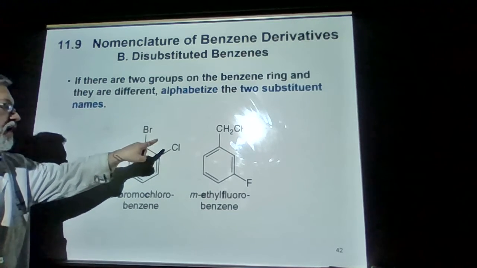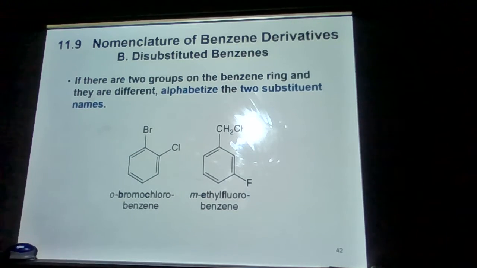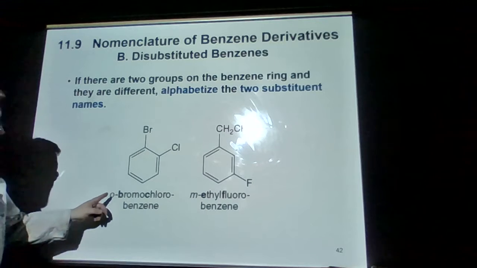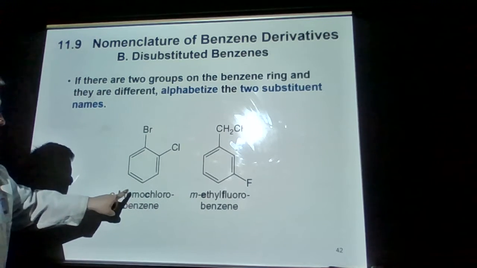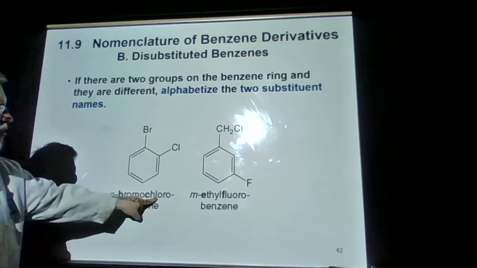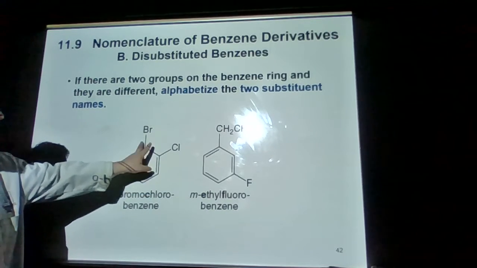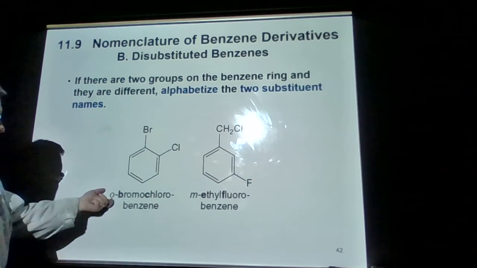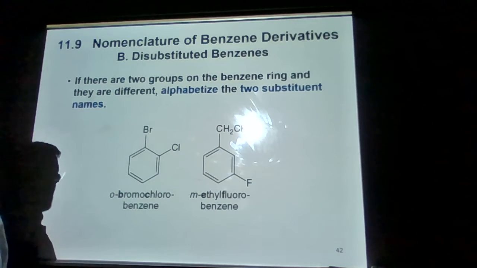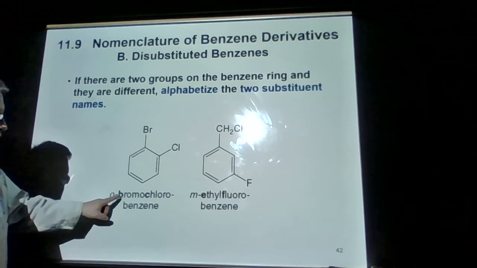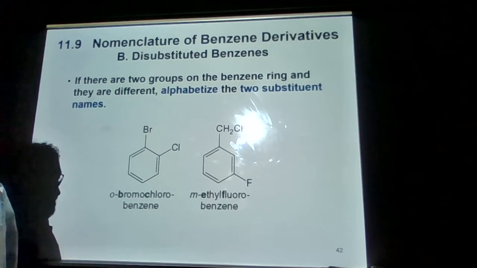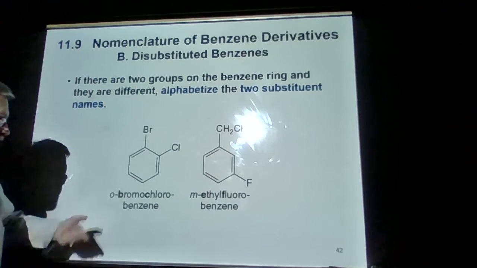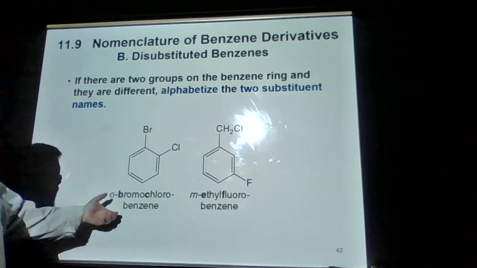So the bromine's at 1, the chlorine is at 2. So we can say O-bromochlorobenzene. The O relates the position of the bromine to the chlorine on the aromatic ring. They are 1, 2 next to each other, so O-bromochlorobenzene. We could say 1-bromo-2-chlorobenzene. Or we could say orthobromochlorobenzene.